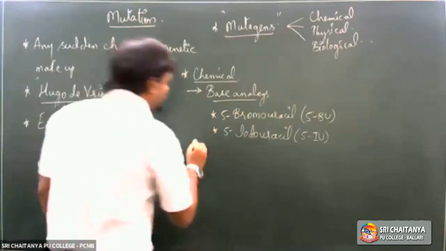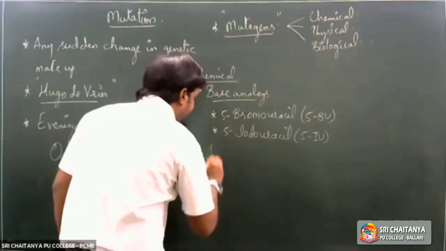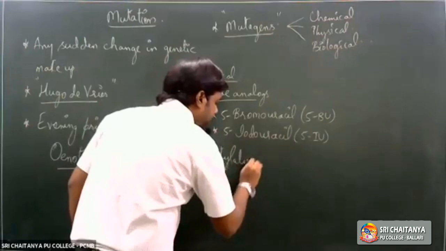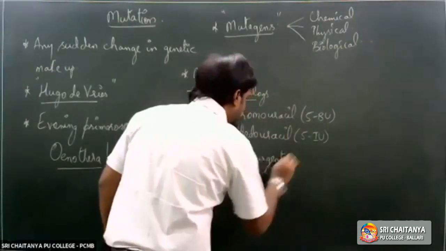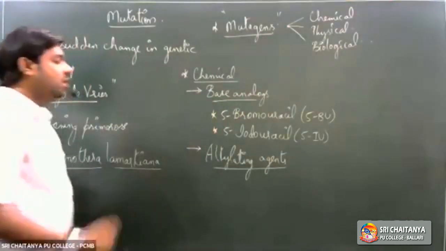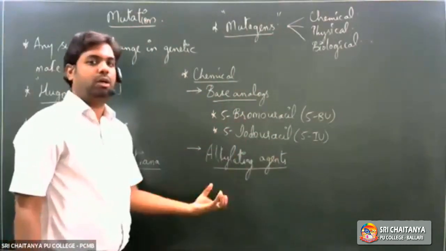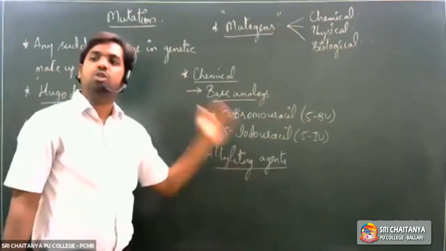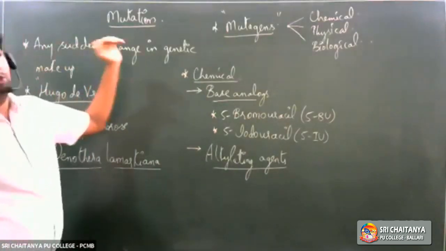The second category we have under chemical mutagens is called alkylating agents. What does alkylating agents mean? They are the ones which add an alkyl group, therefore we call them alkylating agents. These also bring about changes in the genetic material.